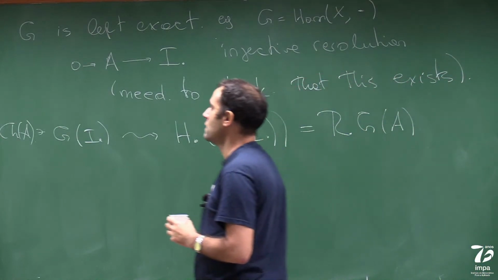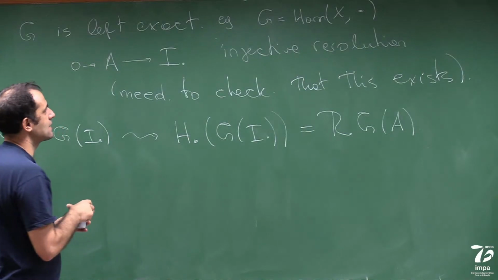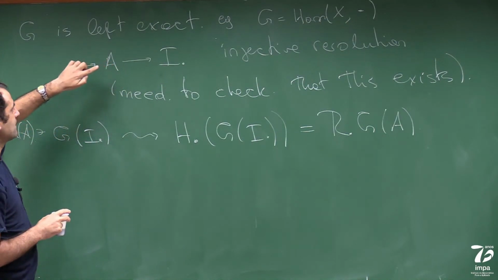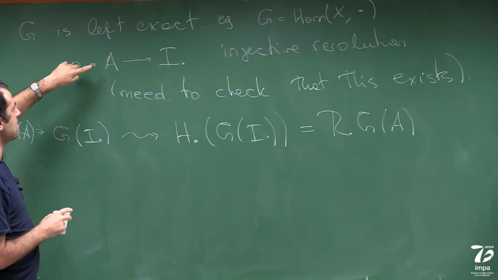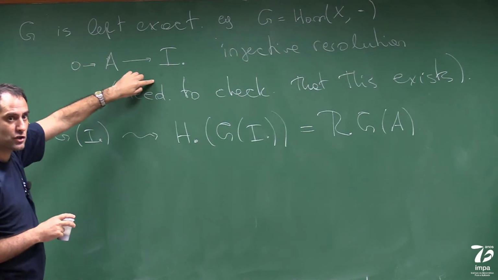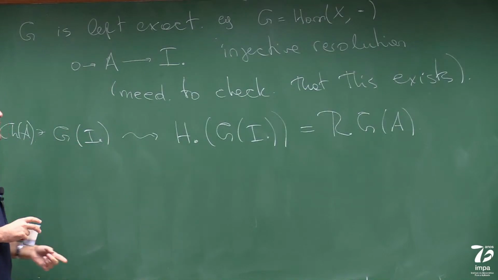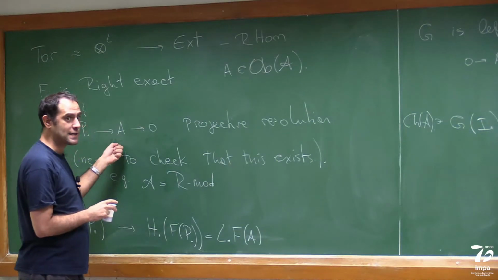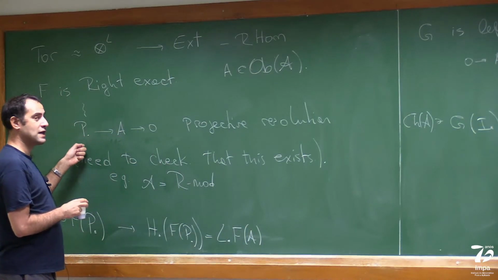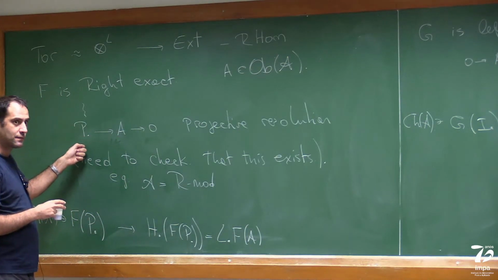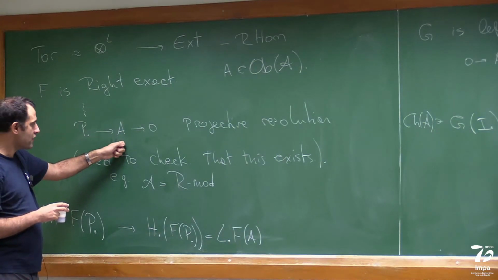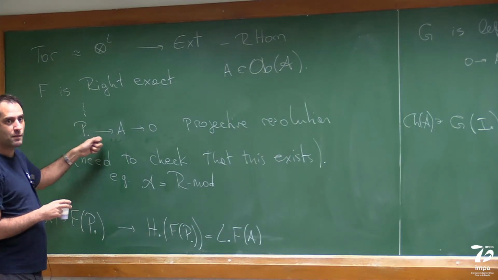The fact that every object has an injective resolution follows from the fact that there are enough injectives, namely for any object there's an injection into an injective object. That's equivalent to the same statement we've proven for projectives: every object has a projective resolution that we constructed, assuming every object admits a surjection from a projective object.